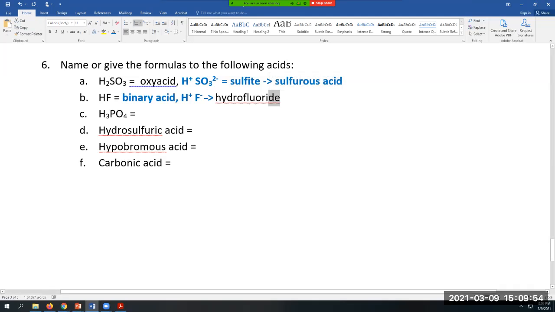So fluoride becomes fluoric, and then you add acid. So it's hydrofluoric acid. Hydro indicates that it's a binary acid made of just fluorine. So this is fluorine, fluor, and then the ending -ic. So hydrofluoric acid.